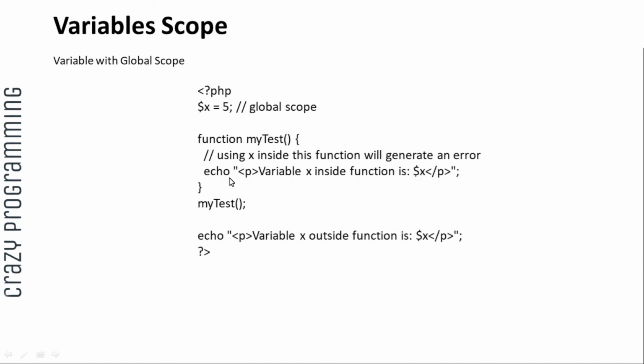Why? Because x is global scope, and as you can see we print inside the function, but it will generate an error. After that we are using echo to check whether inside the function or outside the function will work.